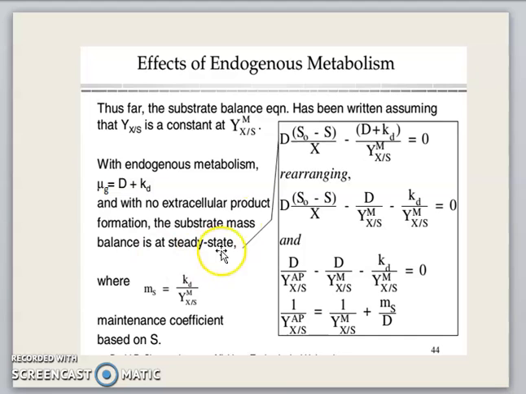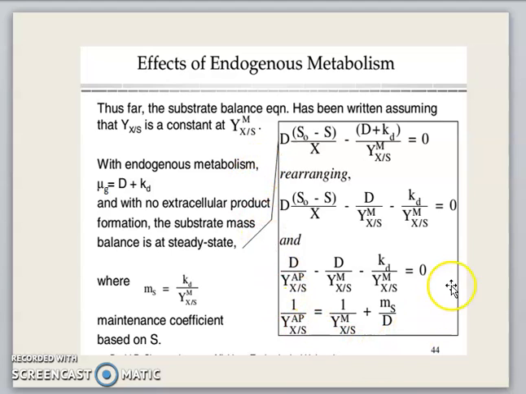With no extracellular product formation, the substrate mass balance is at steady state, where based on the substrate, the maintenance coefficient will be equivalent to Kd over Y m xs.